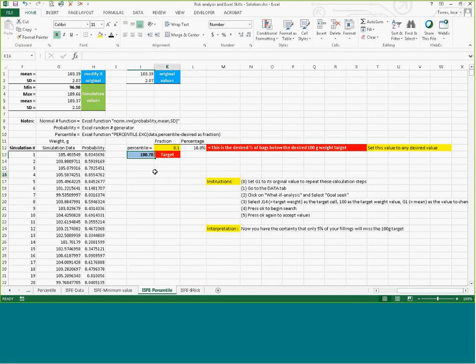Then I want to be 100, then now 100.78. Okay? So I adjust the mean, so that the target 10% is 100 grams.